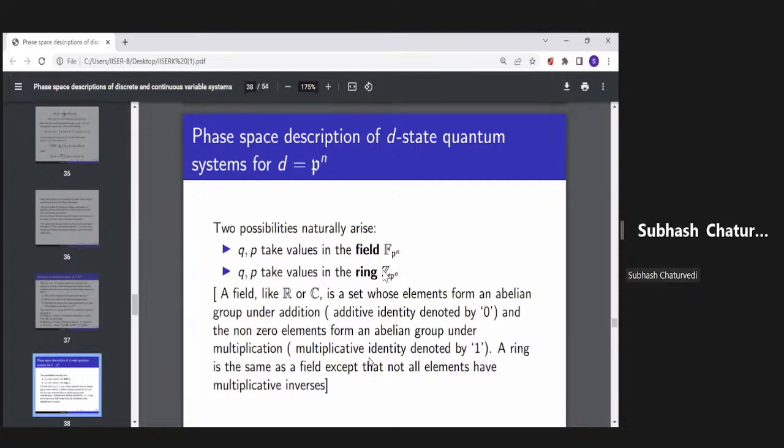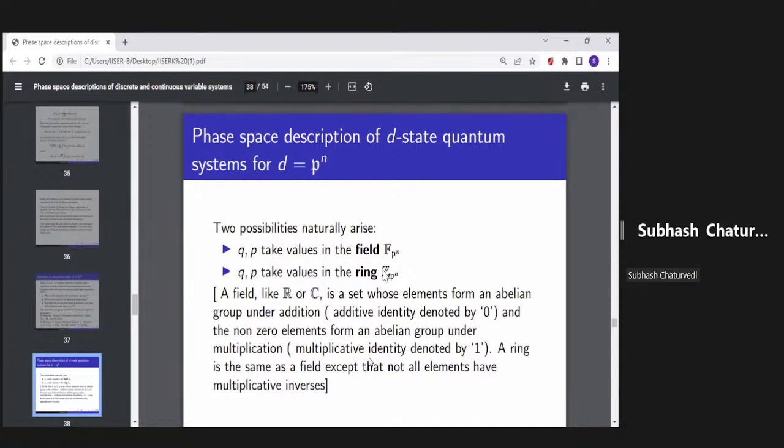Whether Q's and P's take values in a field, which is only available in prime power dimensions, or Q and P take values in what is called a ring, denoted by Z_{p^n}. This decision has to be made because in each case, the geometrical properties of the phase space are completely different.